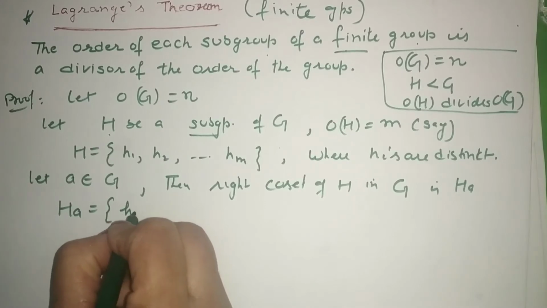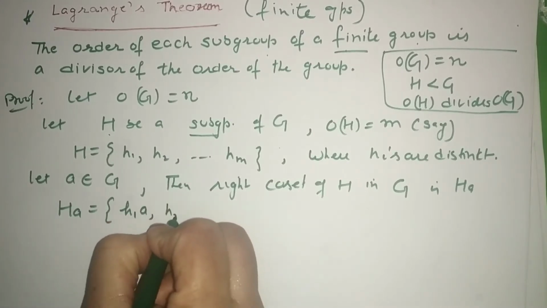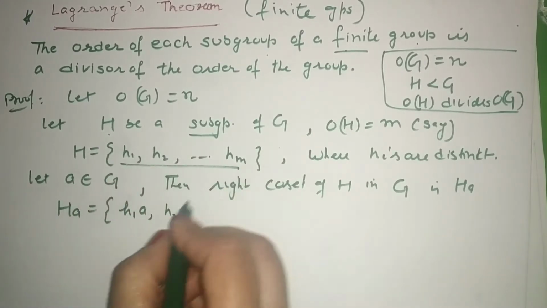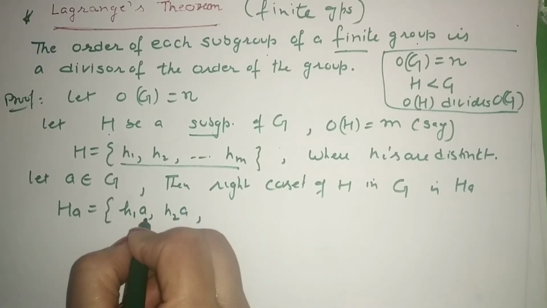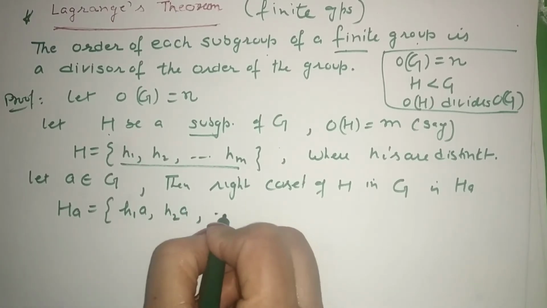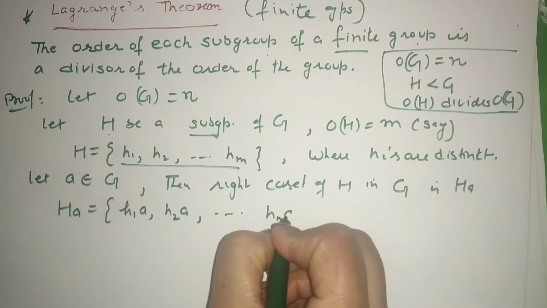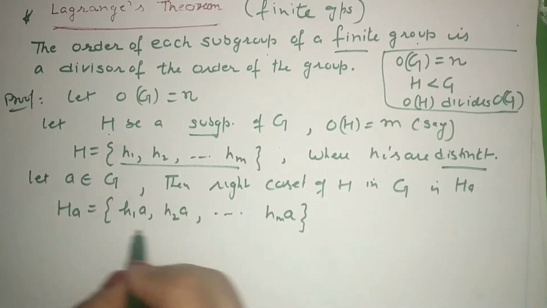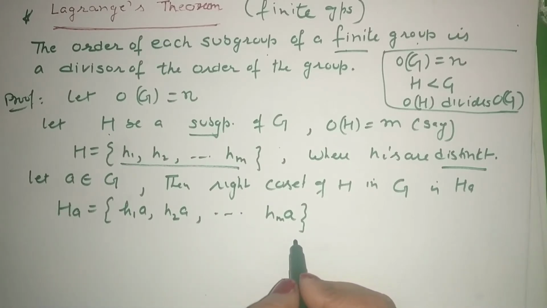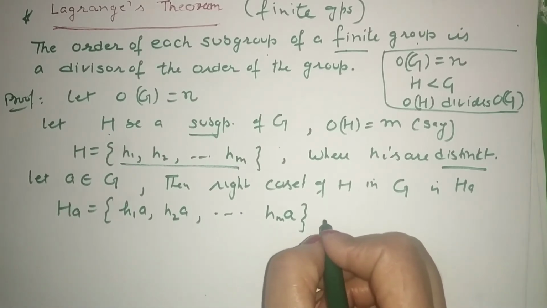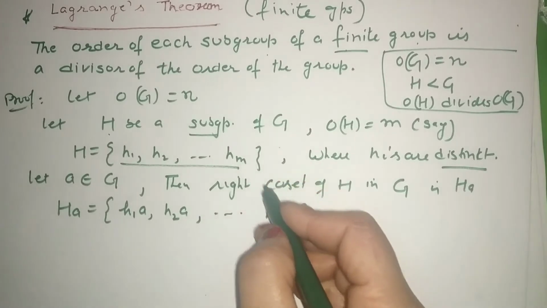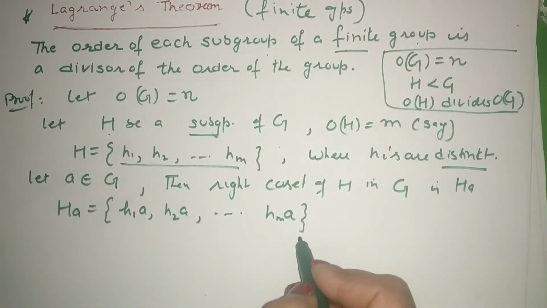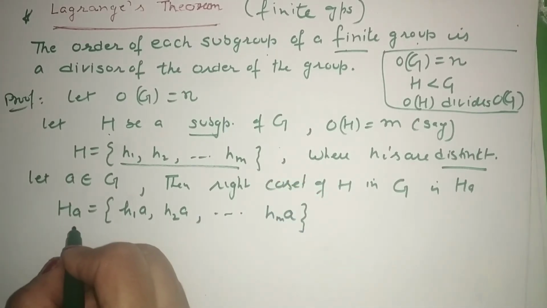So it will be h1a, h2a, and so on. We multiply all the elements of H by a on the right side, up to hma. If the elements of H are distinct, these elements are also distinct, right? So if H has m elements, this coset also has m elements.